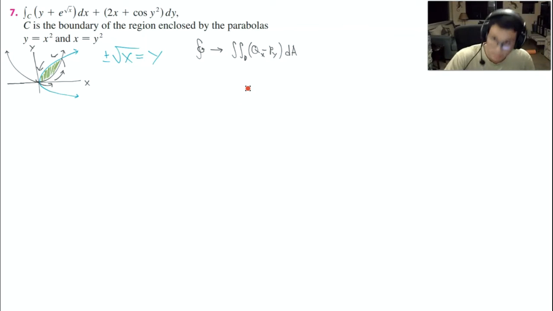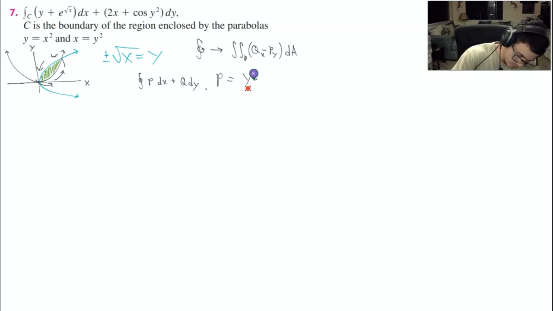So what is q? What is p? Usually our integral is written like this: p dx plus q dy. So we can see that p is equal to y plus e to the square root x. Therefore, dp dx is going to be equal to, okay, I'll do this actually nicely: the derivative of square root x multiplied by e to the square root x.